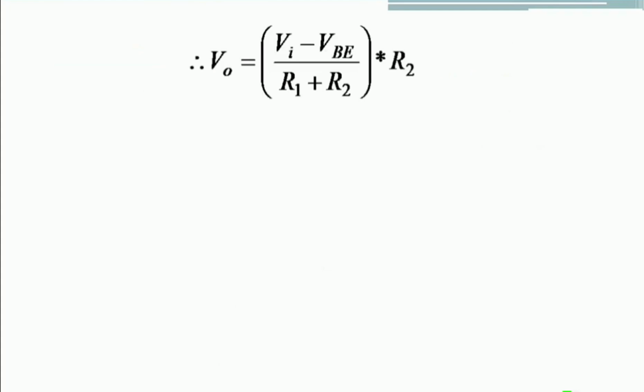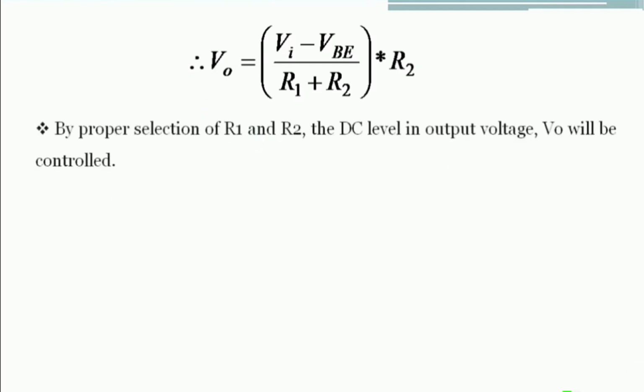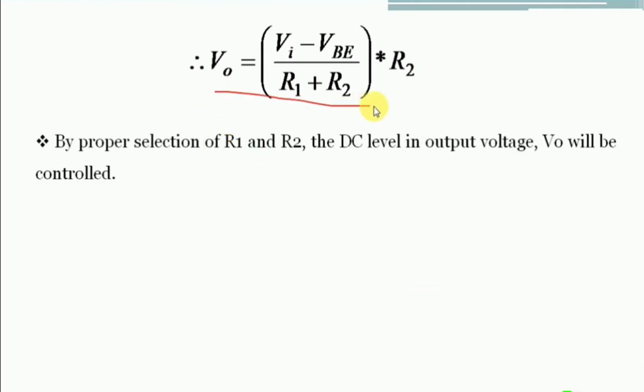Now next see how the DC level is reduced. From this equation, if you observe, if you maintain the proper values of the resistors R1 and R2, then the DC voltage in the output expression V0 can be reduced when compared to the DC level present in Vi.